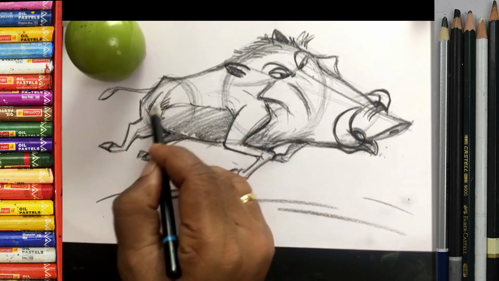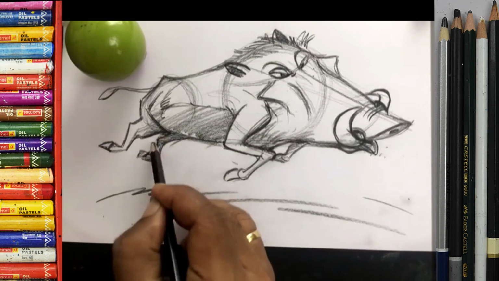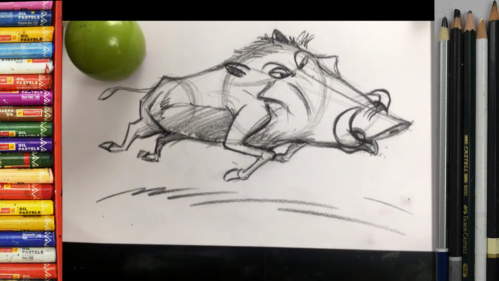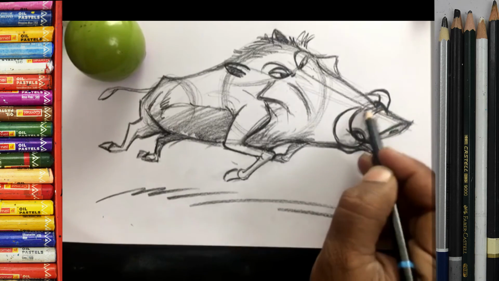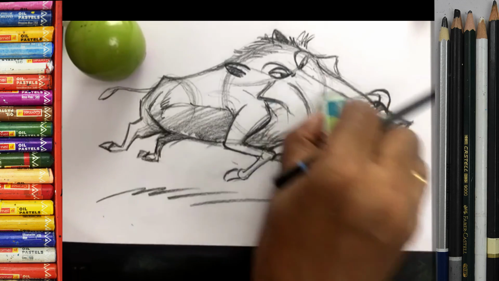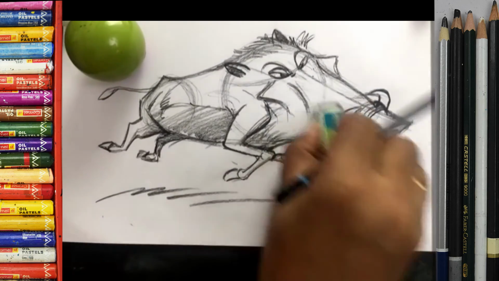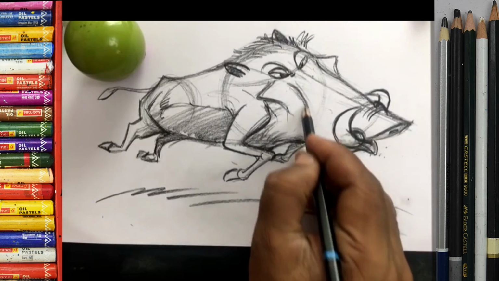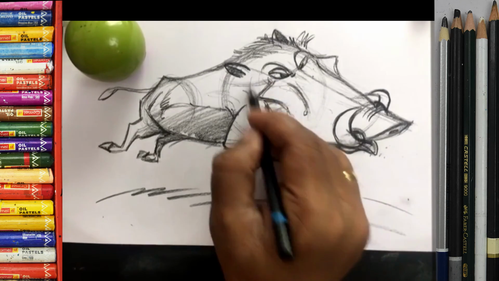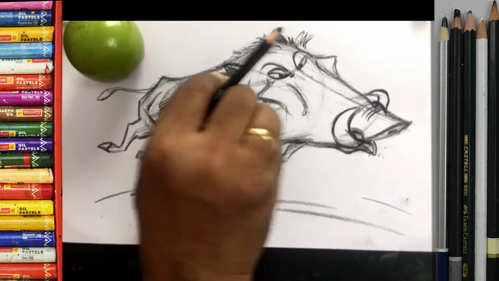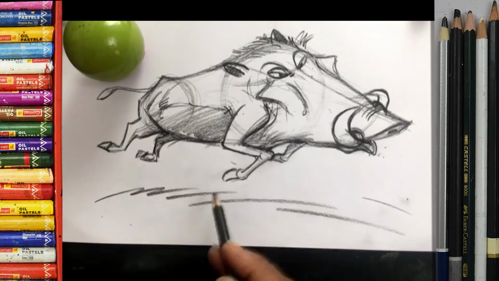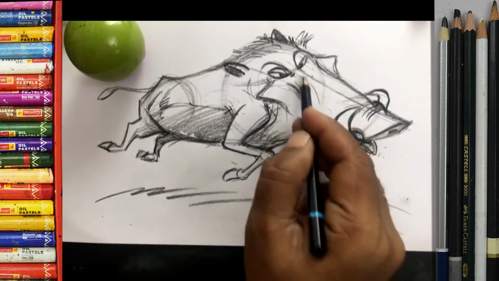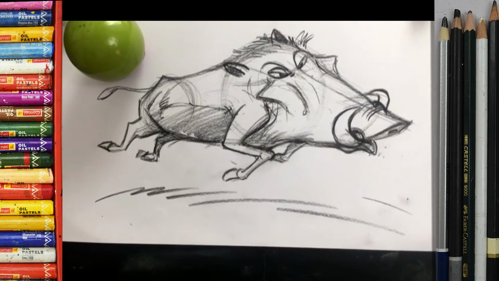And then we are going to, you can erase this part after that, if you wish to. This movements characters.